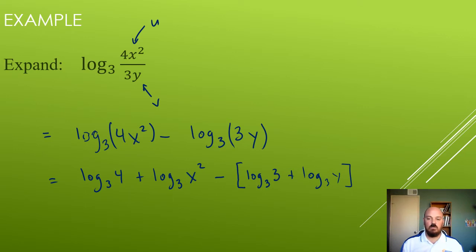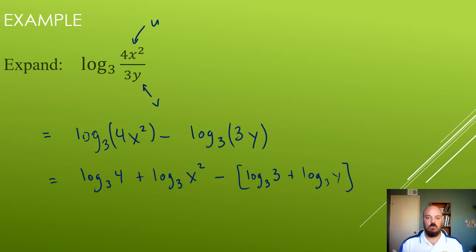Now, it's important that you have the brackets in there because what's happening here is you are subtracting both of those. If I don't have the brackets, then what it looks like is it's a plus log base 3 of y at the end, and it should actually end up being a minus because we are subtracting both of those.